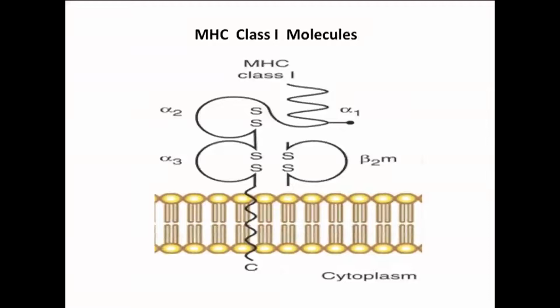Both the alpha chain and beta 2 microglobulin belong to the immunoglobulin gene superfamily. They have structural resemblance to the immunoglobulin superfamily molecules, and the peptide they present is 8 to 10 amino acids long. Similarly to the MHC class 2 molecules, here also the antigen is presented through the alpha 1 and alpha 2 subunits of the heavy chain, and the regions that face the antigenic site of alpha 1 and alpha 2 show polymorphism, which makes every MHC class 1 molecule distinct from the other.